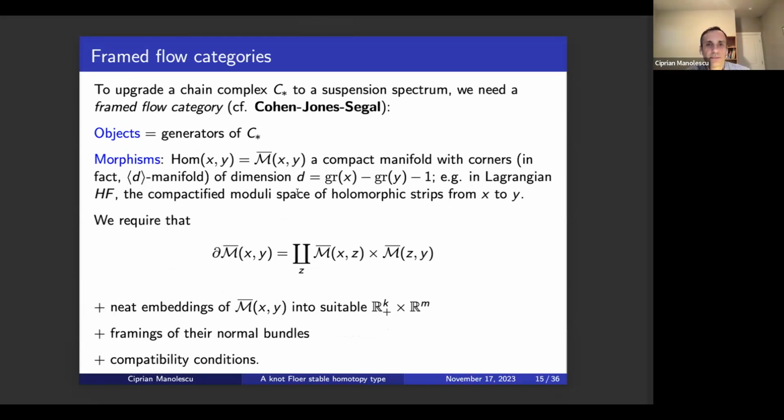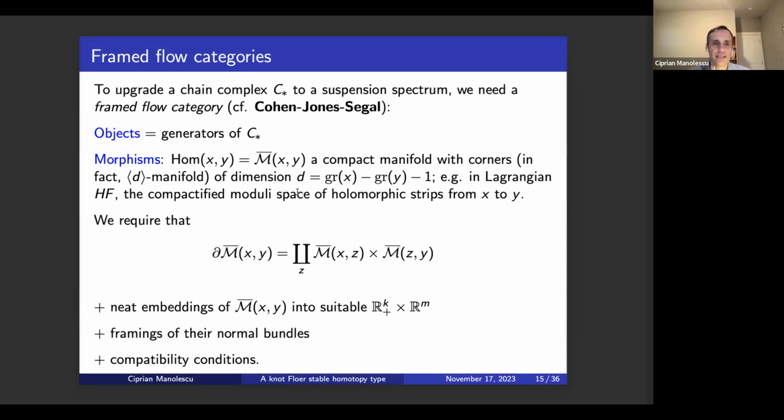Let me first review the Cohen-Jones-Segal approach to Floer homotopy. Let's say we have a chain complex, and instead of the chain complex, we want to get a suspension spectrum. We first need to have a framed flow category.